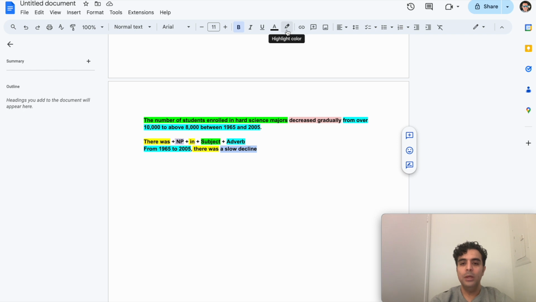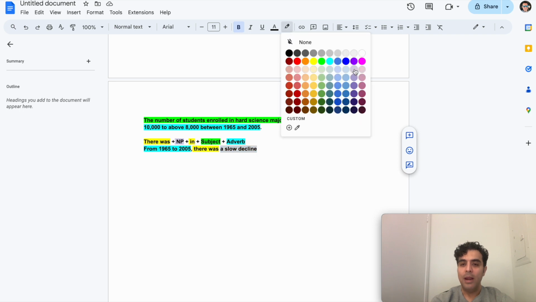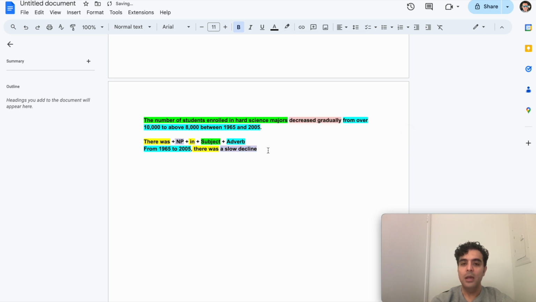So what are we going to use for color coding this? It is our noun phrase, and so we're going to color code it in purple. Next, we're going to say in. That's going to be another fixed part of our response, so we're going to use the same color.